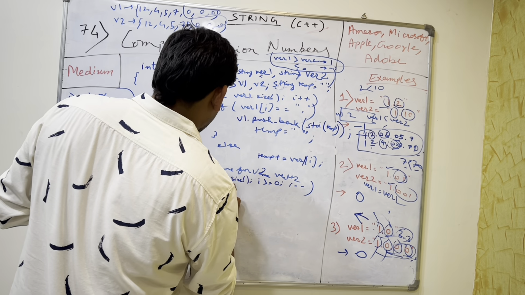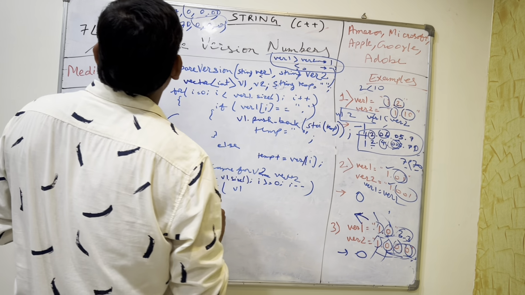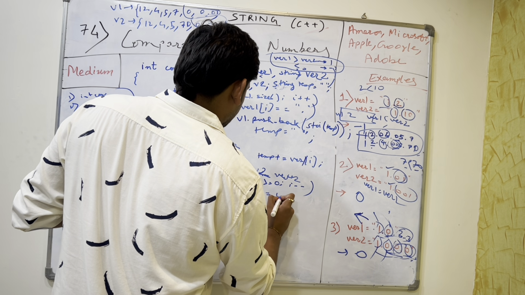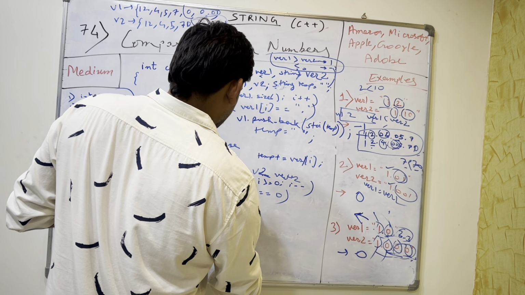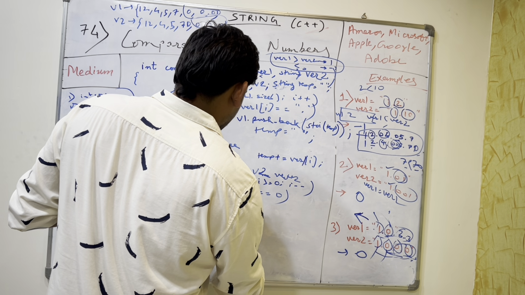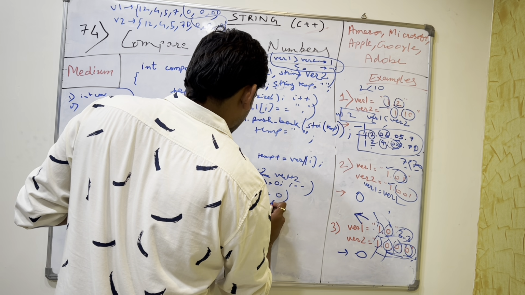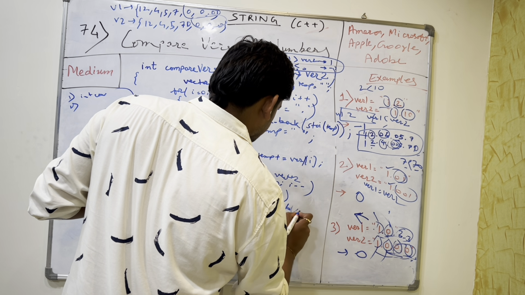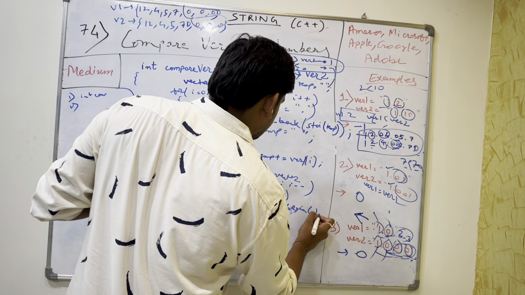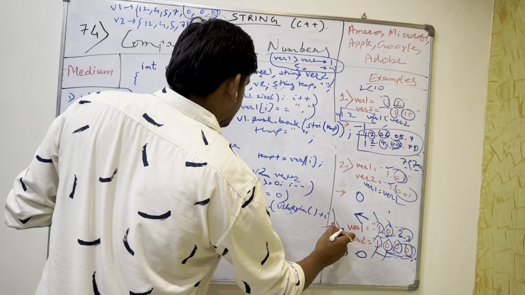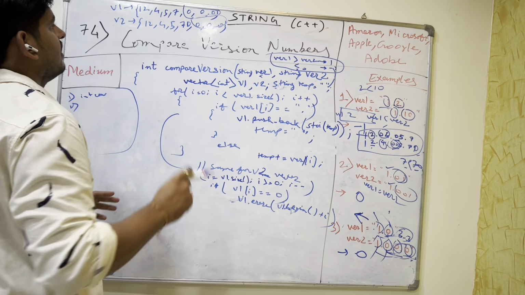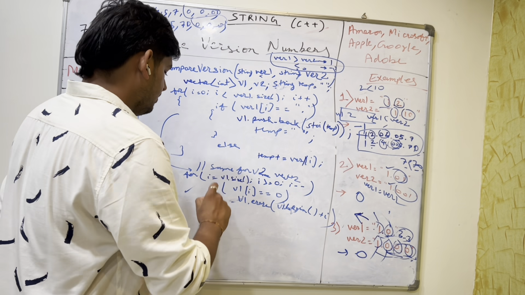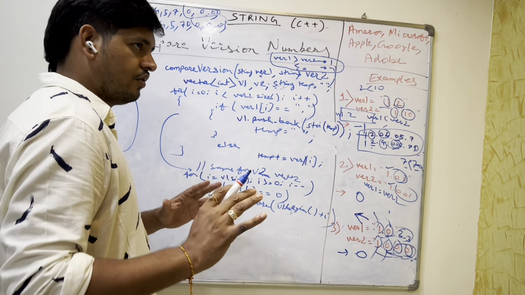If v1 of i equals 0, then we erase that: v1 dot erase, v1 dot begin plus i. So whatever zero is there, if any zero is there, we will delete it. We don't need it. Same thing will be done for v2 as well.